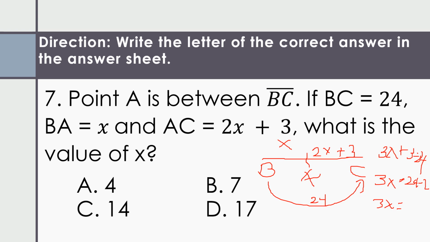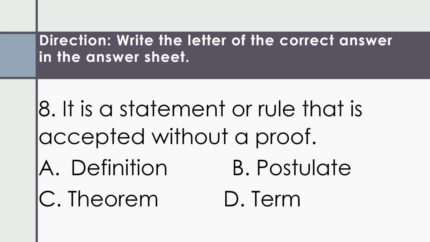Then 21 divided by 3, x equals 7. So the answer is B. For number 8, it is a statement or rule that is accepted without proof. The answer is a postulate.